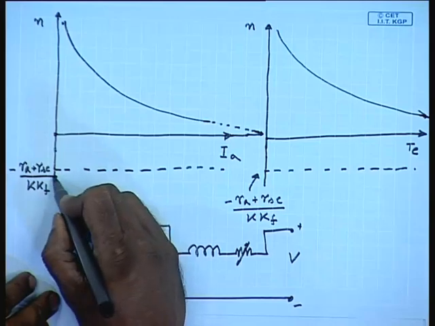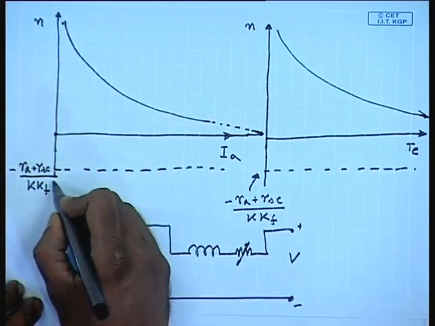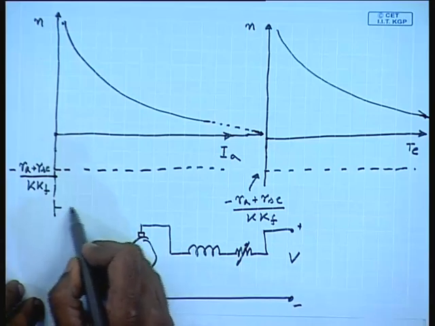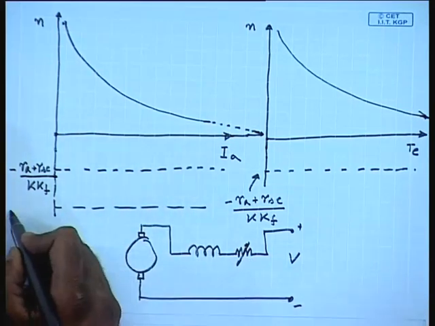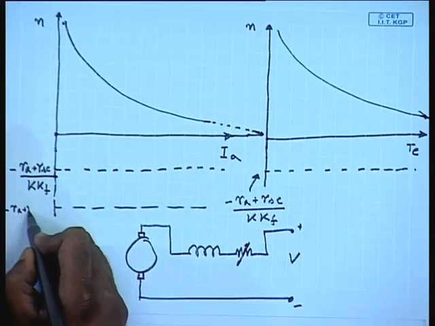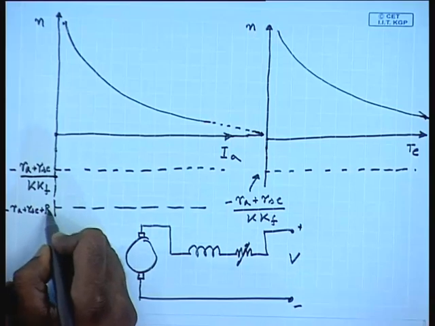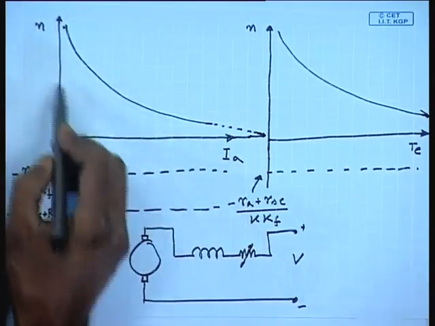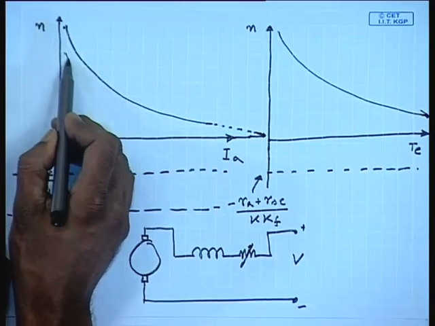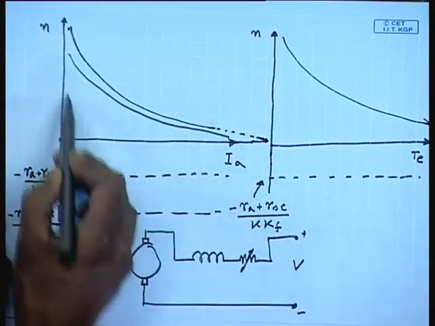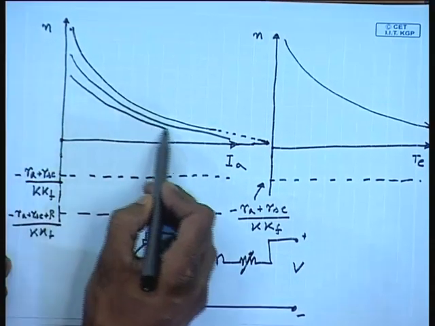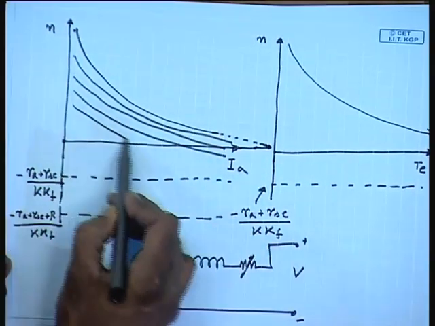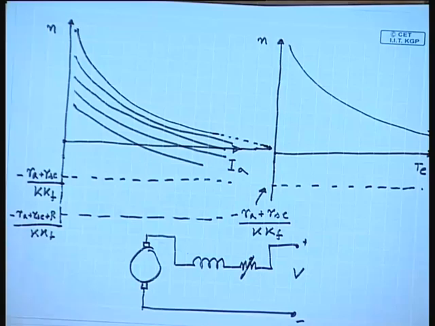If we put additional series resistance, then this asymptote line goes down, this becomes minus R a plus R a c plus R divided by K K f, and this characteristics also lowers for different values of R. We can get different characteristics like this.